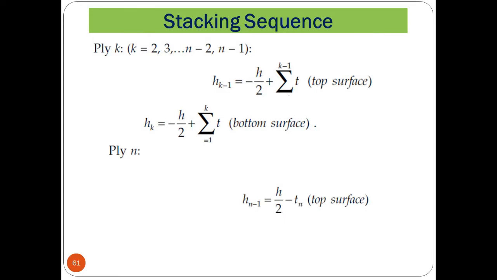Now for the ply n, h n minus 1 equals h by 2 minus tn for the top surface. And similarly, for the nth ply bottom surface, it is h by 2. This is the bottommost.